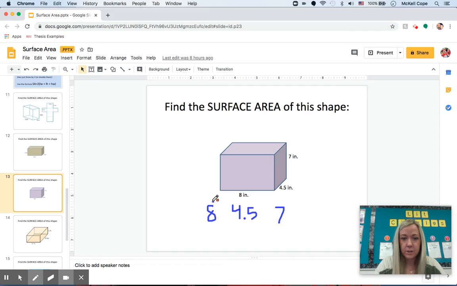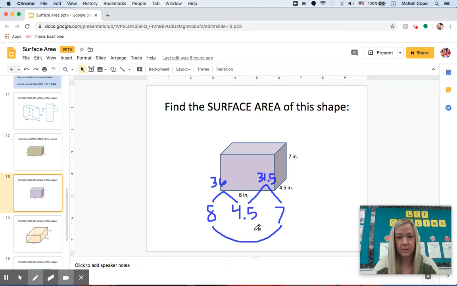First thing I'm going to do is multiply these two numbers, which is 8 times 4.5, and that gives me 36. Now I'm going to multiply 4.5 times 7, and that gives me 31.5. And I'm going to multiply 8 times 7, which gives me 56.